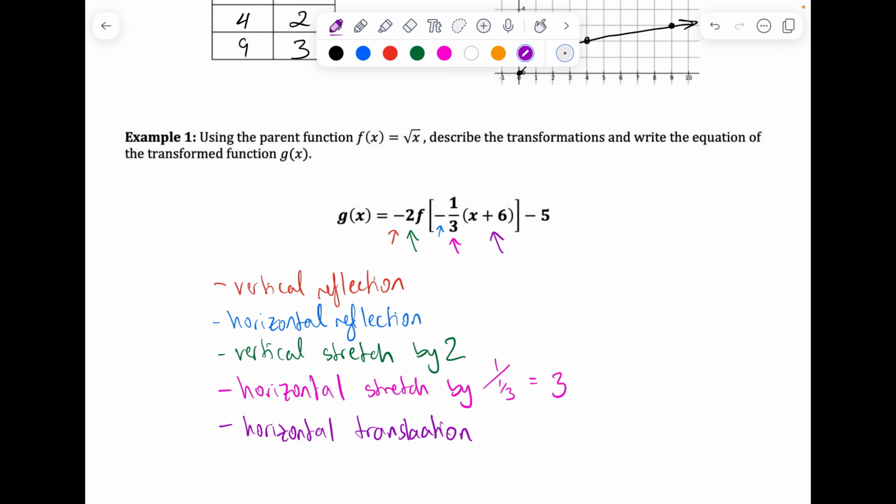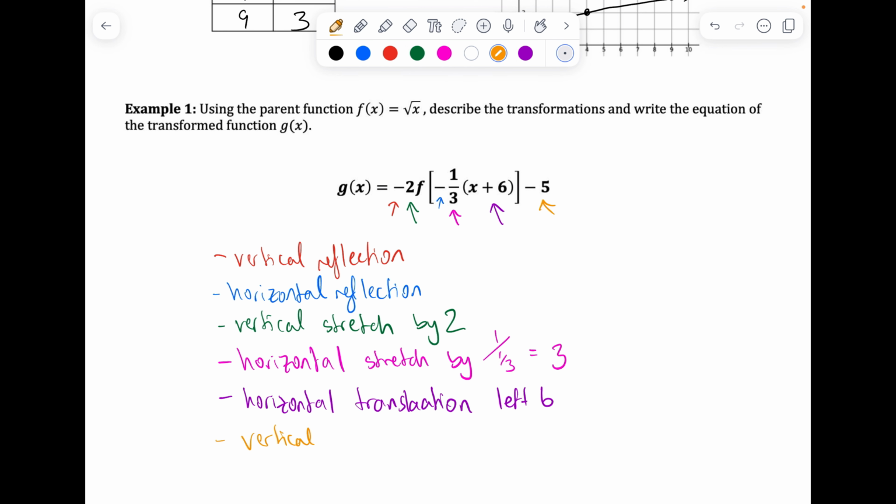And then plus 6 is going to be the opposite because it's to the x, so that means left 6. And then this last one out here, it's happening to the whole function, so it's vertical. It's subtracting 5, so that means it's a translation down 5. Okay?